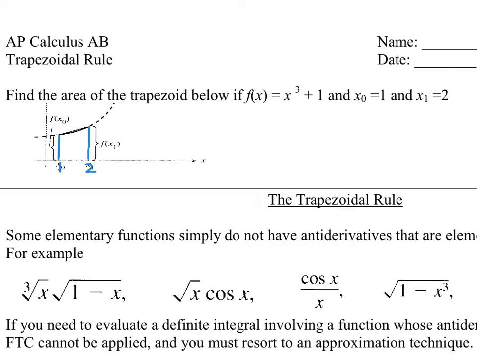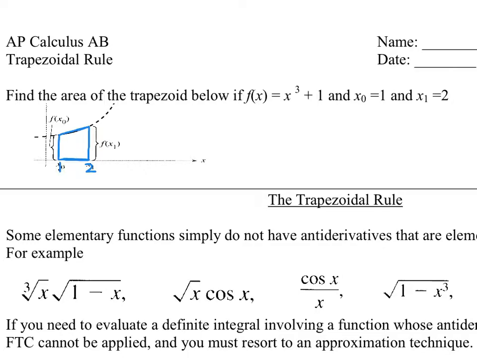So rather than do lower rectangles, where I miss out on some area, and rather than doing upper rectangles, where I get some extra area, we're going to use a closer approximation by doing the trapezoid. That's the trapezoid we're finding.